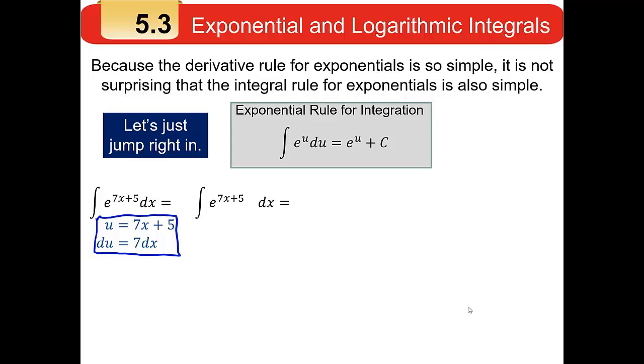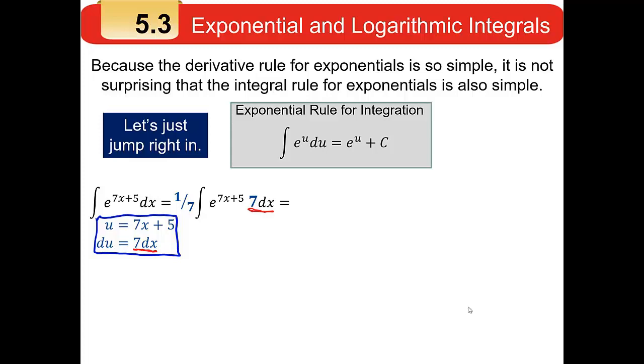But that's okay, because we learned with substitution that we can insert a constant, a numerical value, if we need to, as long as we multiply on the outside by its reciprocal. In other words, we're compensating because 1/7 times 7 is just 1, and we really haven't changed the value of the integral at all. That's our basic substitution technique, and that doesn't change just because we're changing rules.